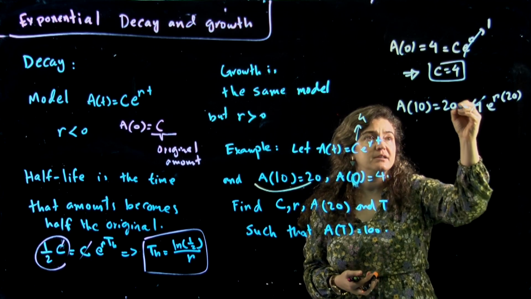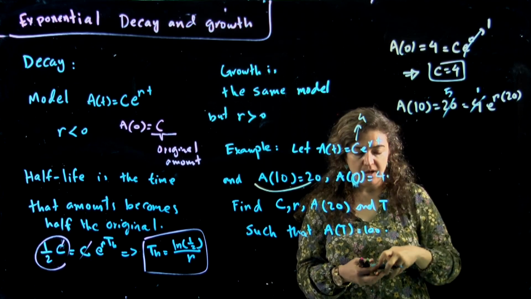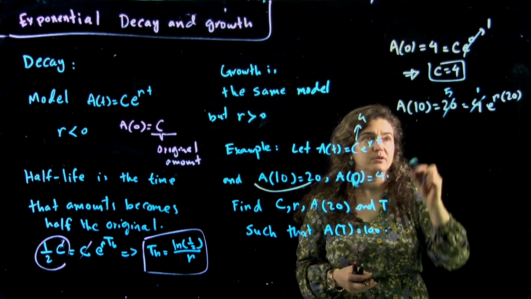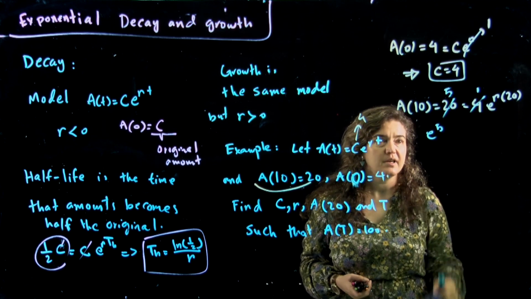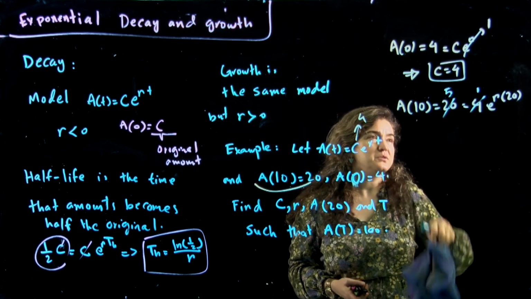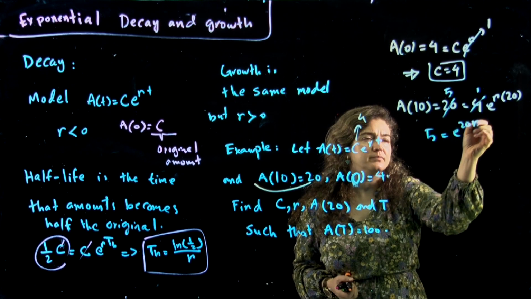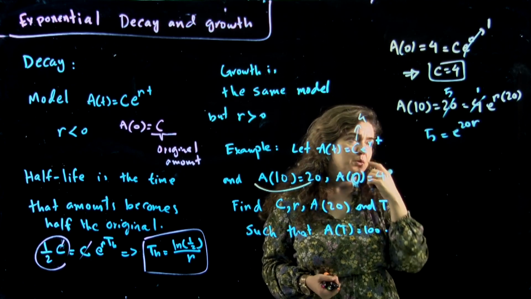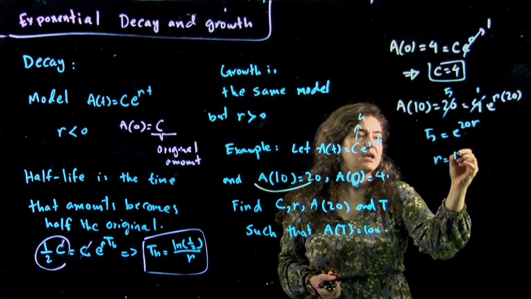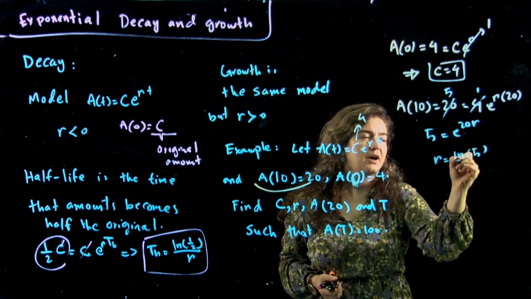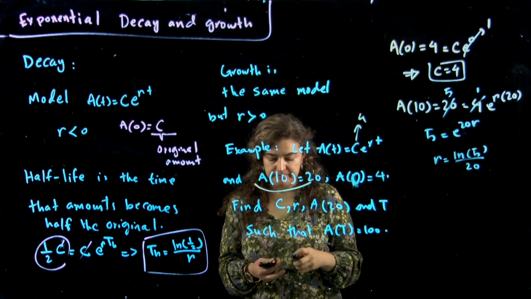I simplify this side to get 5, so e to the power 10r equals 5. Take the ln of both sides, divide by 10, and you get r is equal to the natural log of 5 divided by 10.